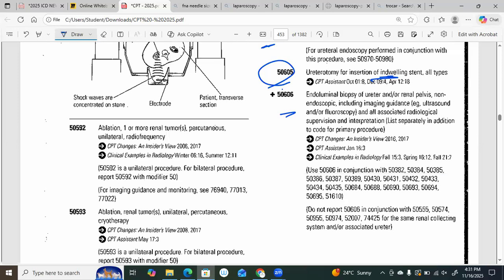So this is an add-on code. And you have to remember one more thing, you cannot use modifier 51 with an add-on code.